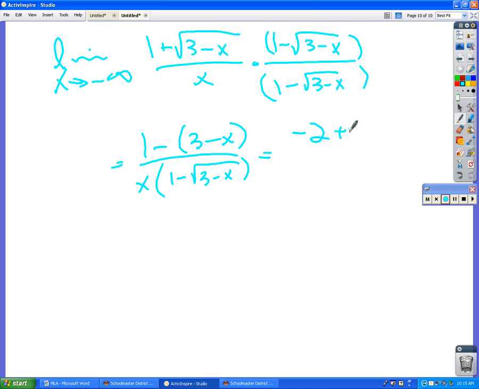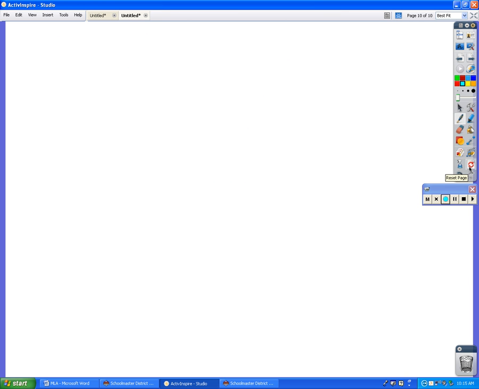Negative 2 plus x over all of that stuff. Now, how do you get 0 out of that? One's being added on top and one's being multiplied, so you just got lucky that worked out. So this really wouldn't be any better than the other thing. You still have to divide by the highest power of x, and that's not going to do you much good.